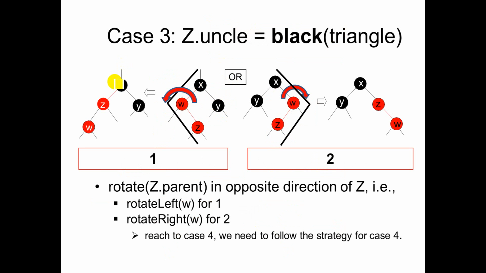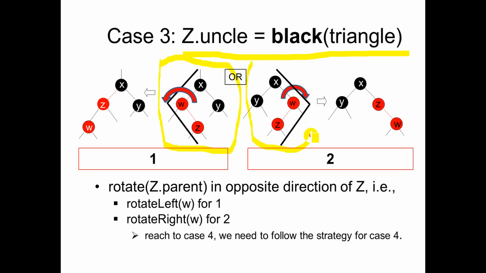We have two different scenarios with respect to this condition. You can look here. This is the initial state after the insertion, and this is the initial state for the other scenario.